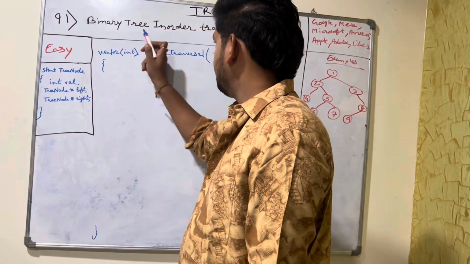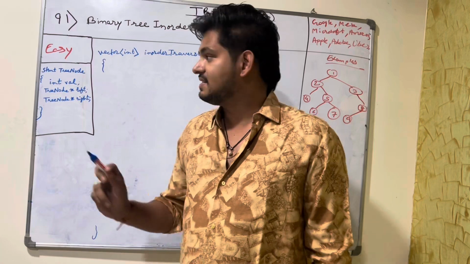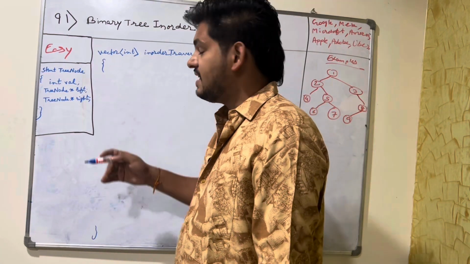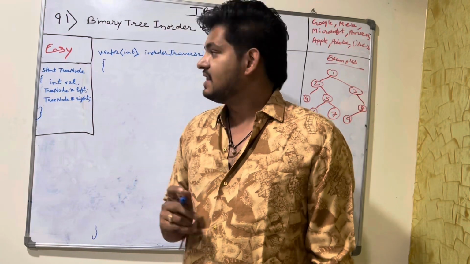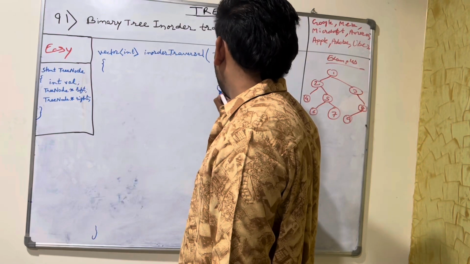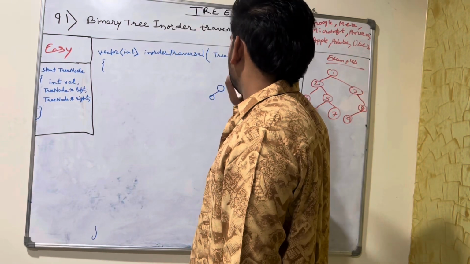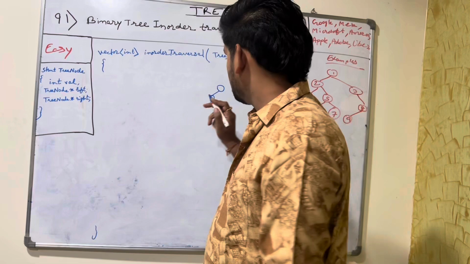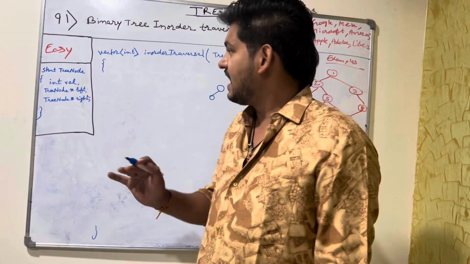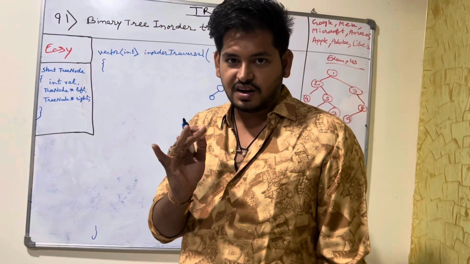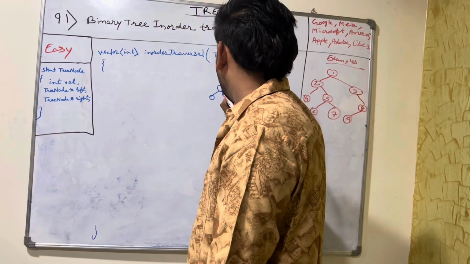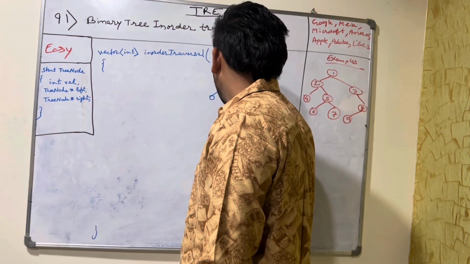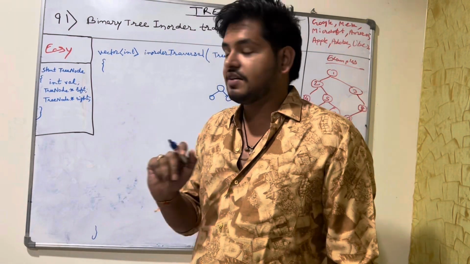But the difference between linked list and binary tree is that binary tree is a hierarchical data structure. That means if I have one node, it can have many. So first, tree is a hierarchical data structure, and binary tree is one of the trees where there could be a maximum of two children from one node.